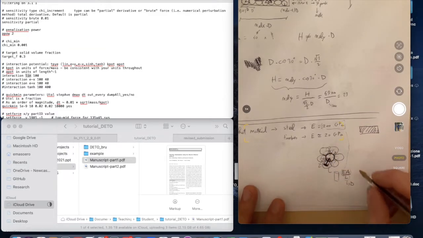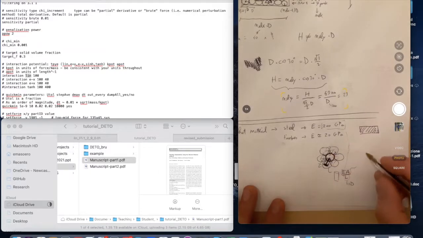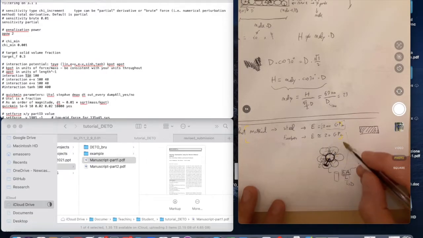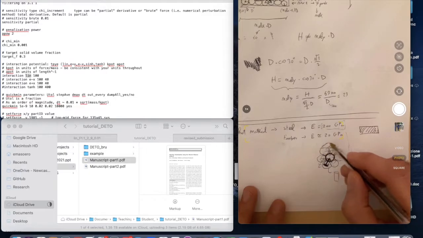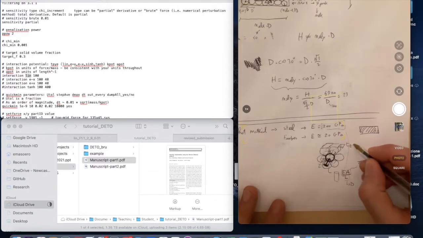So the area is going to be the perimeter of the particle, which is pi times diameter. But this is not an area, it's a perimeter. How do we get to the lateral area of the particle? Well, remember that this is a 3D simulation, and in the third direction the system simply has a depth Tz equal to 1 millimeter.